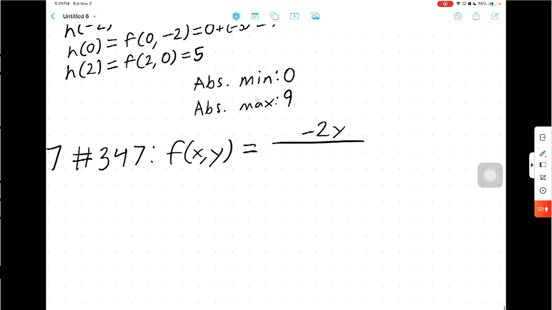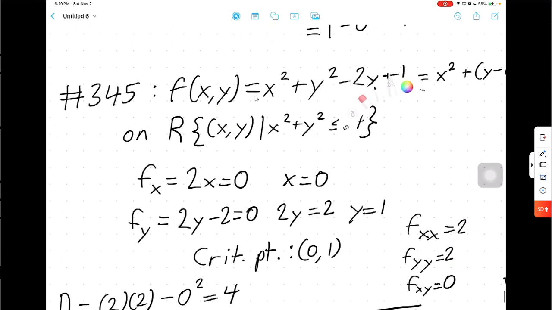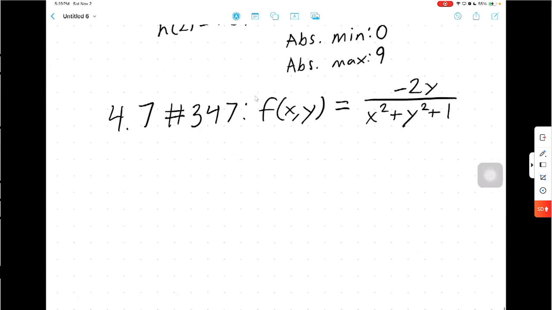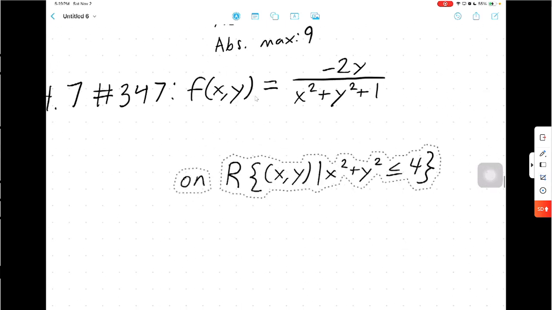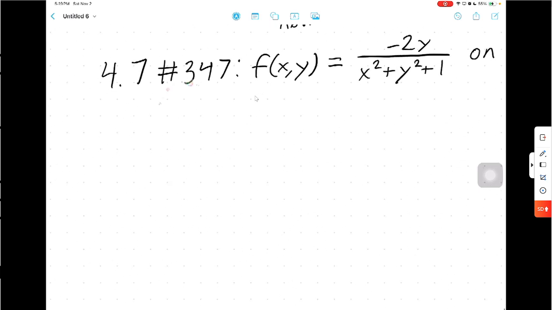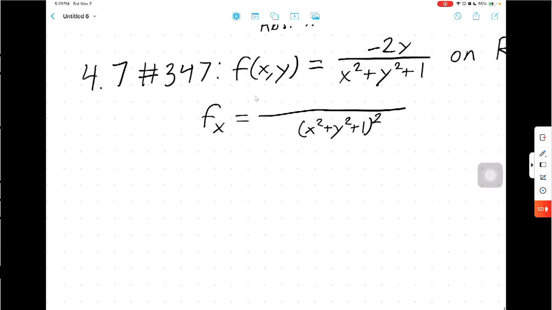Negative 2y over x squared. Oh no. At least it's on the same region, so I only have 2 other lines to check, or really 1, but you kind of have to split it into 2. F x is equal to, oh my god, quotient rule.